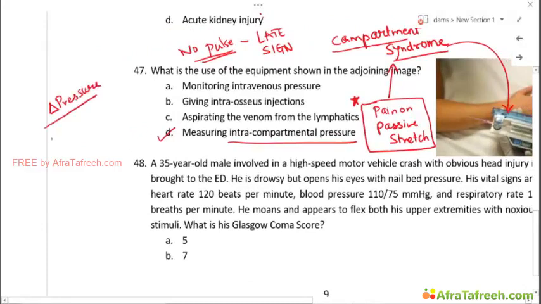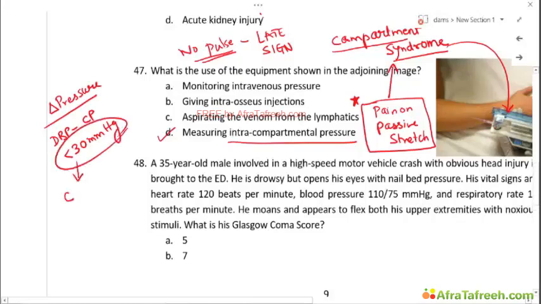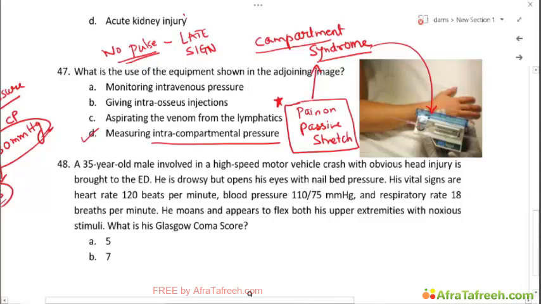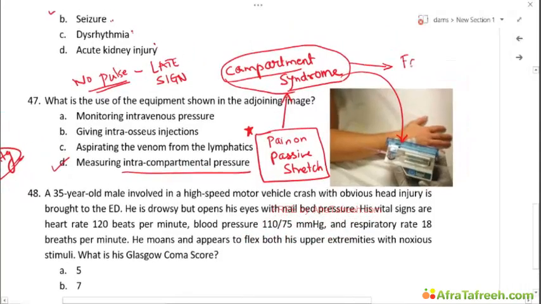That is the difference between diastolic blood pressure and the compartmental pressure measured by this device. If this difference is less than 30 millimeters of mercury, this is bad and it is quite suggestive of compartment syndrome. Okay. However, the measurement of compartment pressures is not always required, and in most of the settings, compartment syndrome is a clinical diagnosis. And as soon as this diagnosis is made, it's prudent to go for an early fasciotomy.